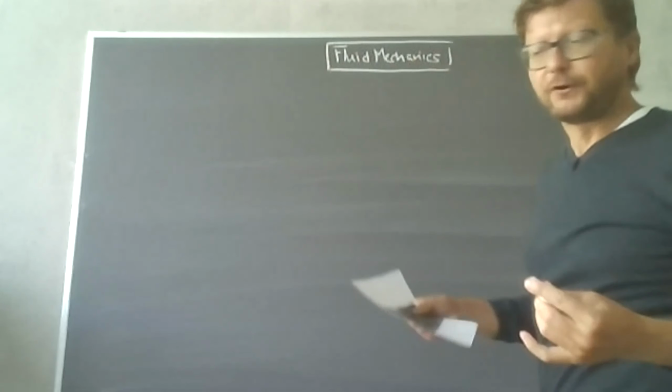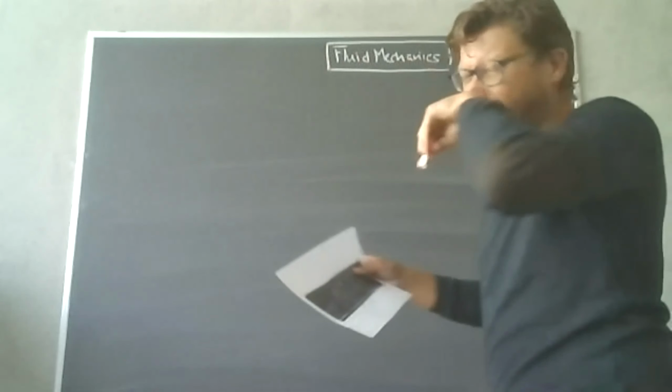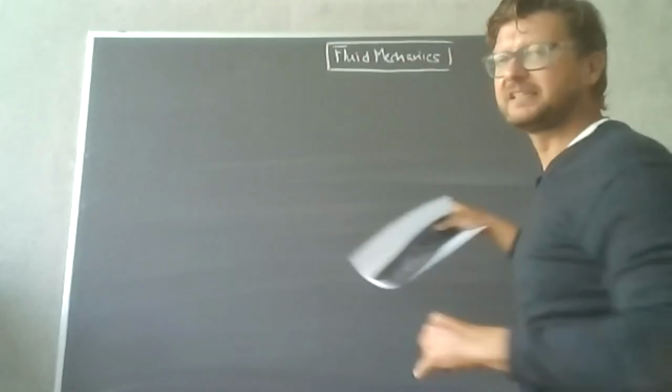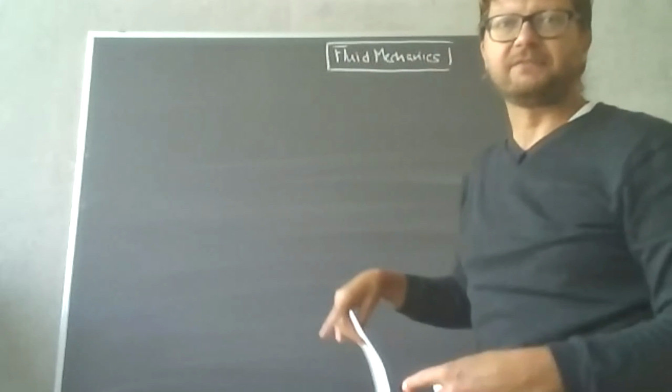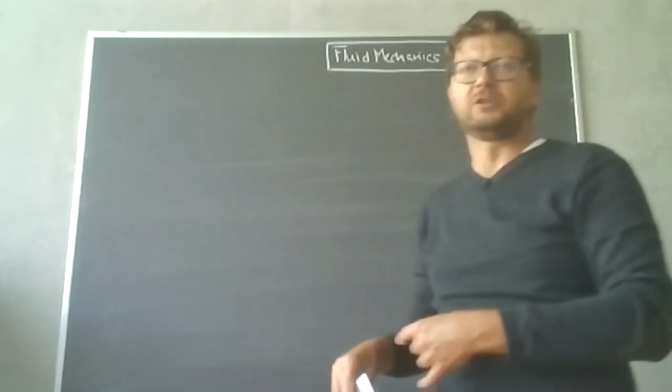And the very first item that we want to add to the sketch: from fluid mechanics, we're going to branch out and make all these definitions: compressible, incompressible, viscous, inviscid, and so on.